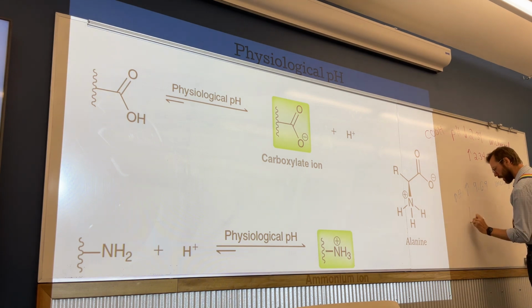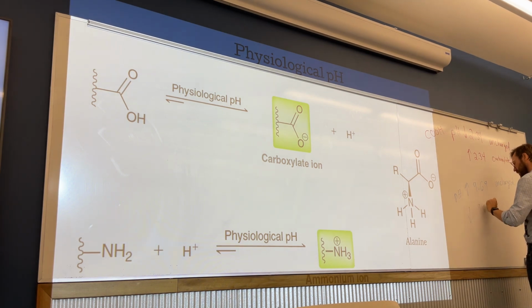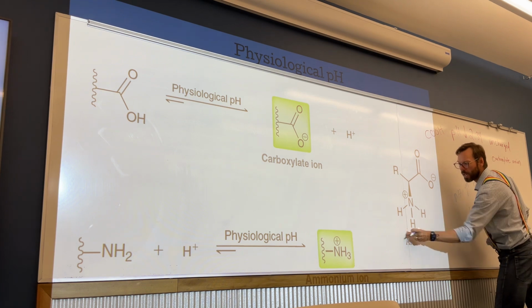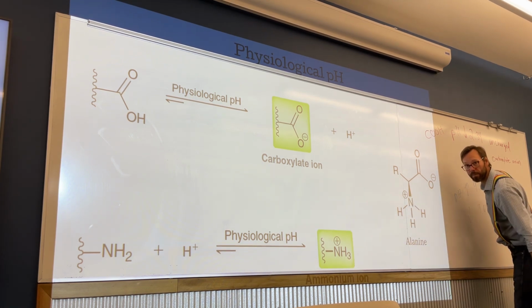If the pH is less than 9.69, we're going to get the cationic ammonium. Right?